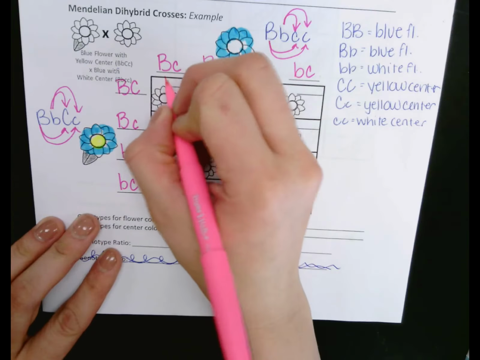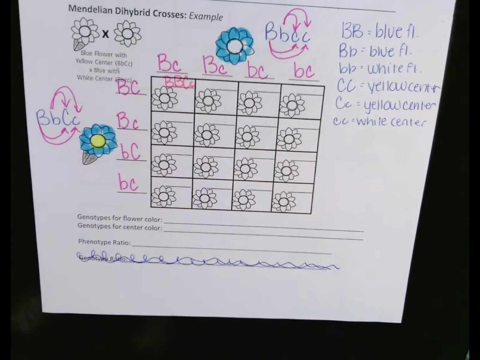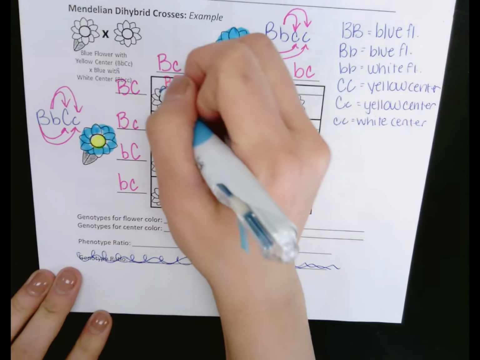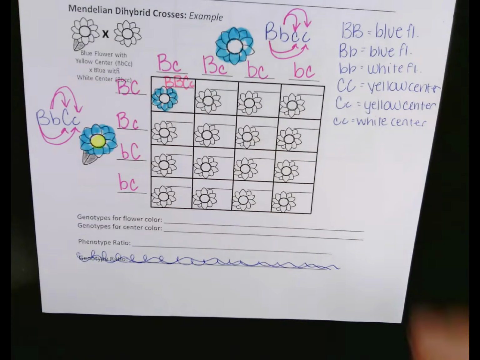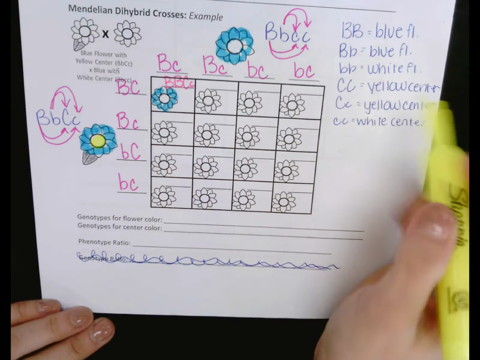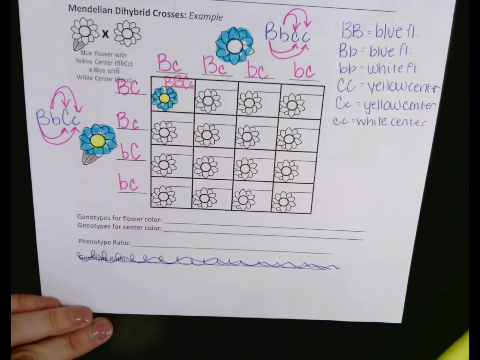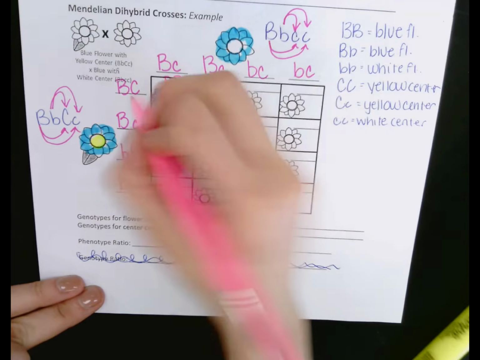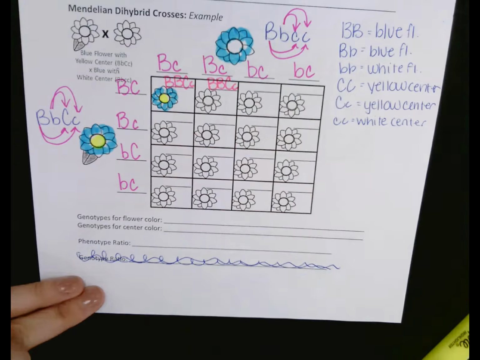So let's talk about what that is. Big B, blue. So we know it's going to have a blue flower. Big C, little c. We know that that's got a yellow center. Let's go to the next one. Big B, big C, little c. Same thing.